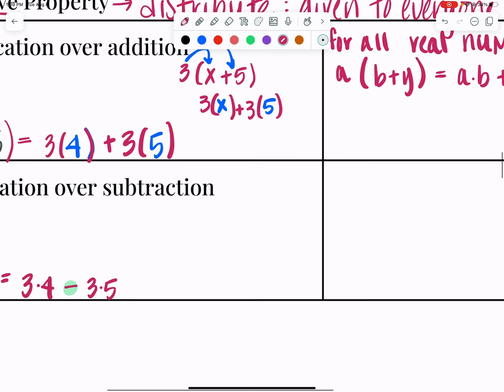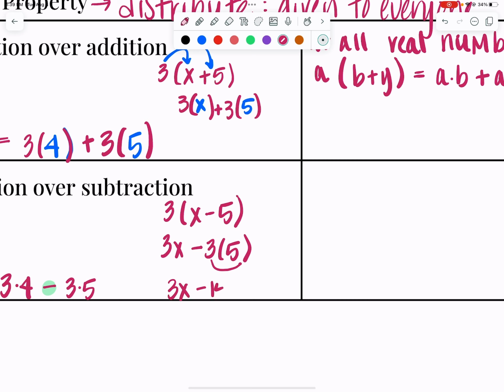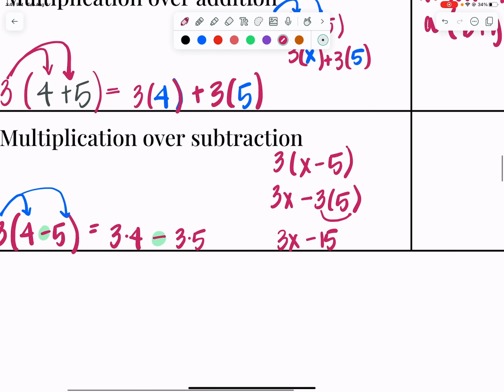If we were to use an algebraic expression, exactly the same idea. 3 times the first thing, 3 times the second thing. To write the final answer, we would go ahead and multiply the 3 and the 5. So we would end up with 3x minus 15. Down on the numerical expression, this would be 12 minus 15, and it would be negative 3.